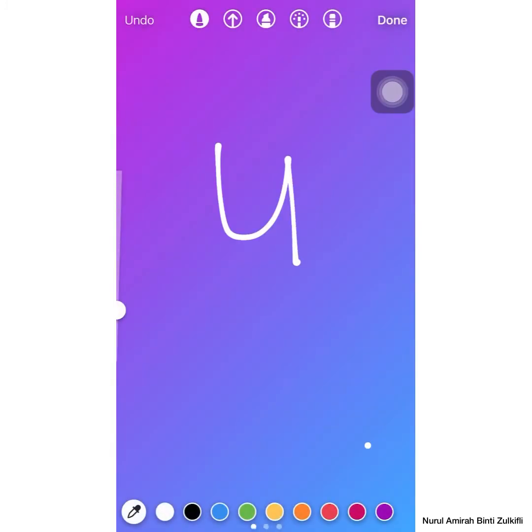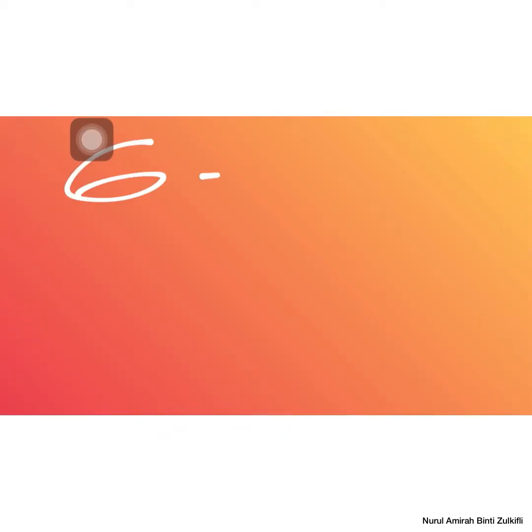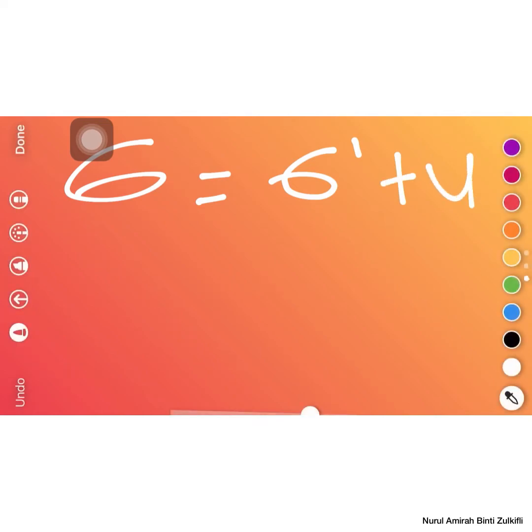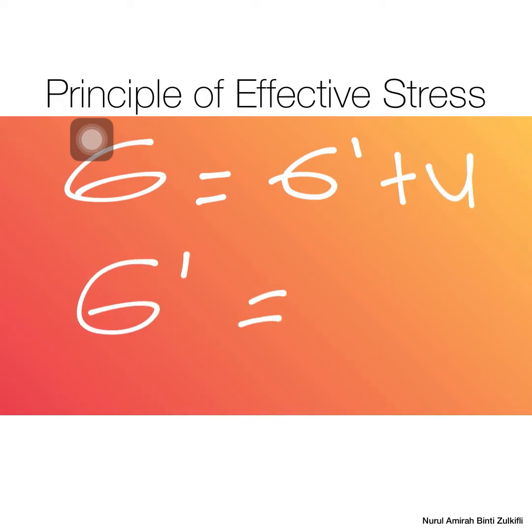So what is U? U is pore water pressure, and the pressure within the pore water is called pore water pressure or pore pressure. This equation is called the principle of effective stress.